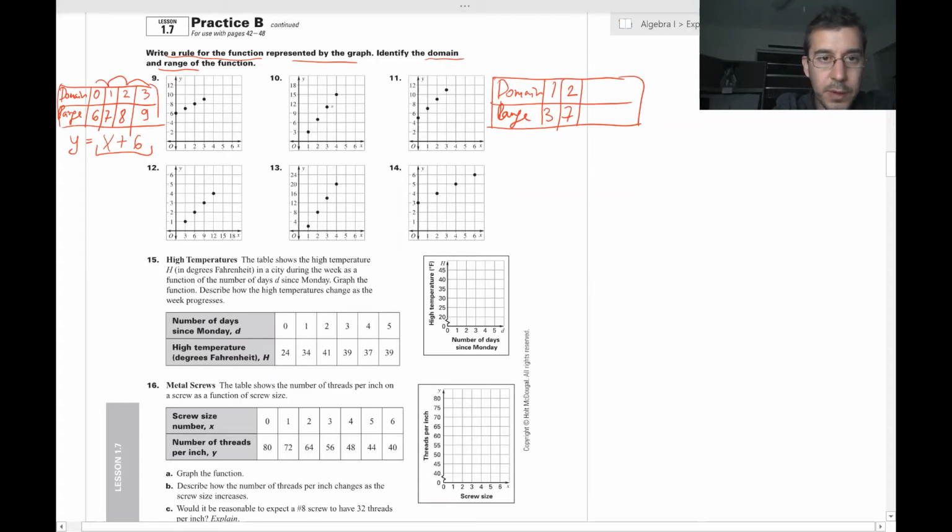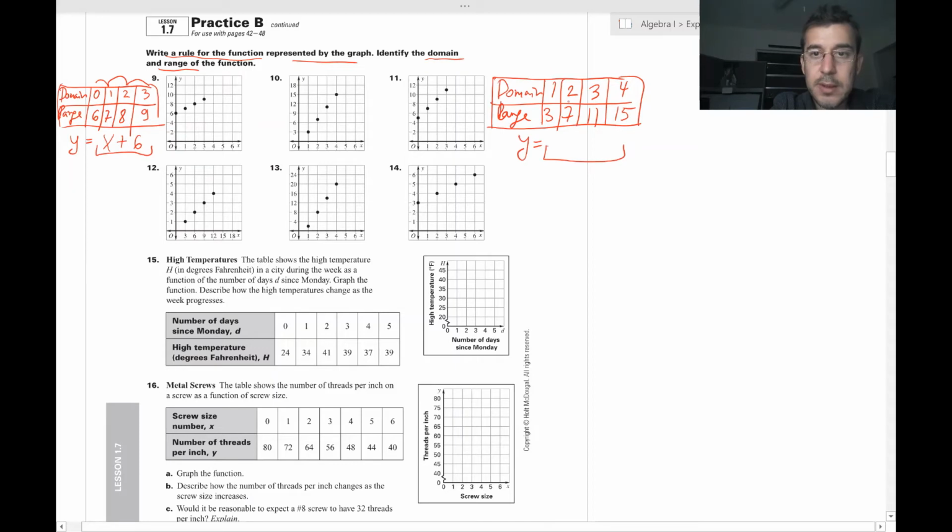Then we have 3 and 11. And then we have 4 and 15. Okay. So the domain is 1, 2, 3, and 4. The range is 3, 7, 11, and 15. And write a rule for the function. It will be something like that.